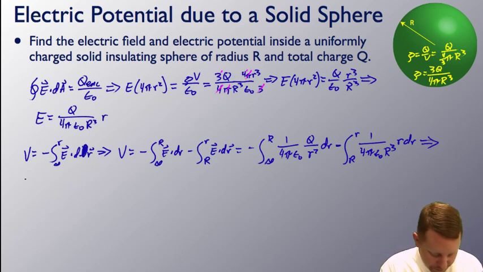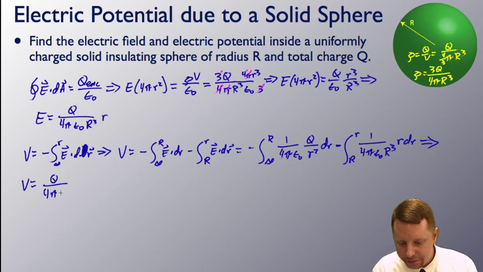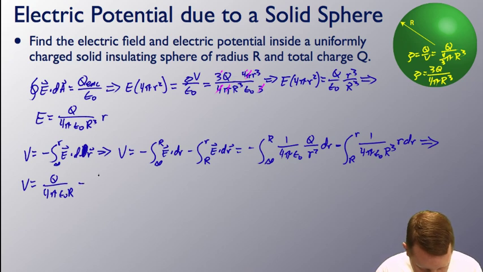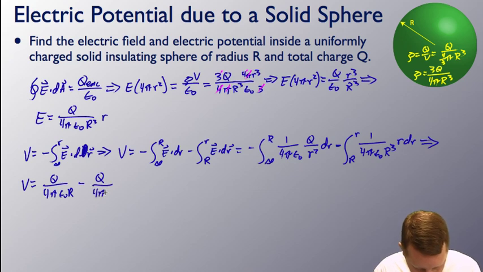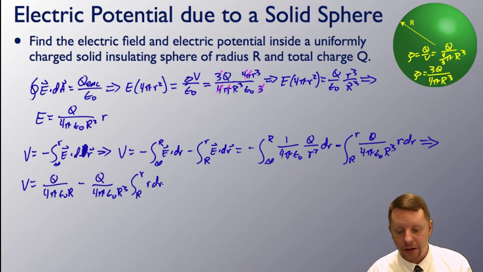All right, let's take our next step. This implies that our potential is going to be equal to Q over 4 pi epsilon 0 capital R. We've done that a few times already. Minus, let's pull out our constants, Q over 4 pi epsilon naught capital R cubed, I forgot my Q over here, times the integral from capital R to r of r dr. The integral of that is just r squared over 2.